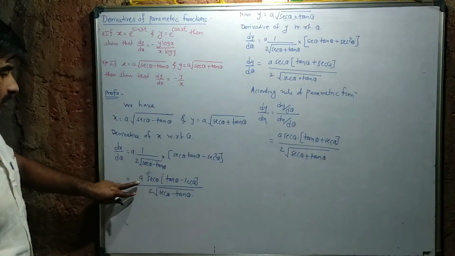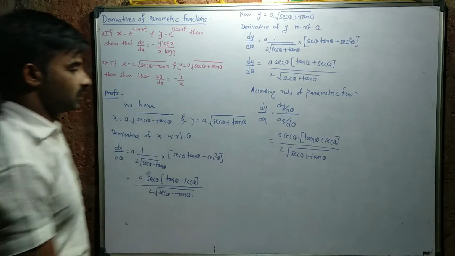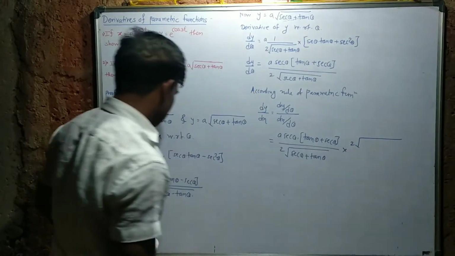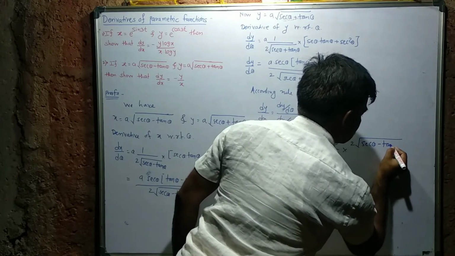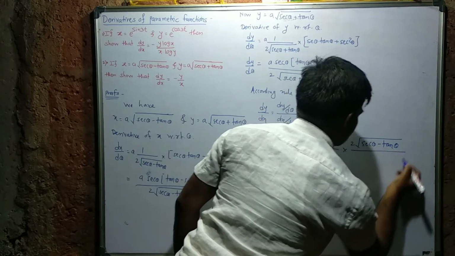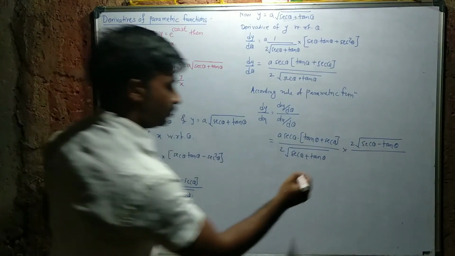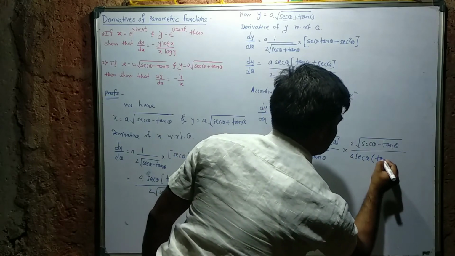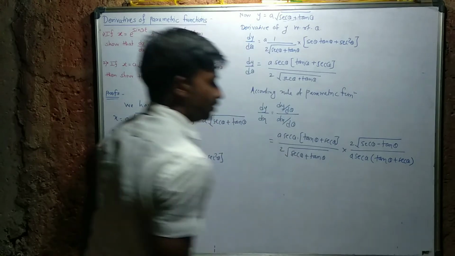That means we take the reciprocal of that, which is 2 into square root of sec theta minus tan theta, and the whole divided by a into sec theta inside the bracket sec theta minus tan theta, tan theta plus sec theta.